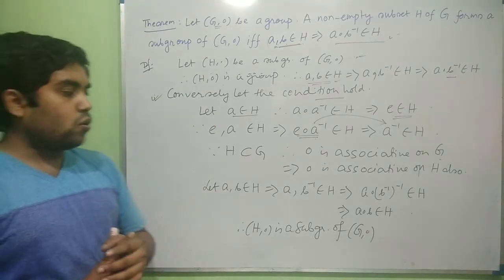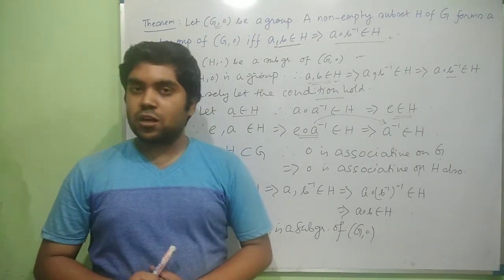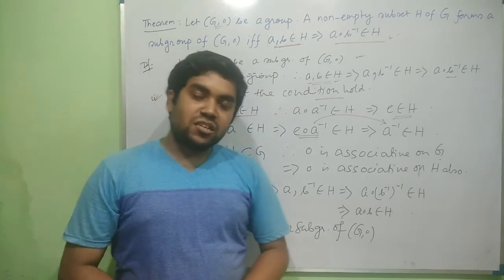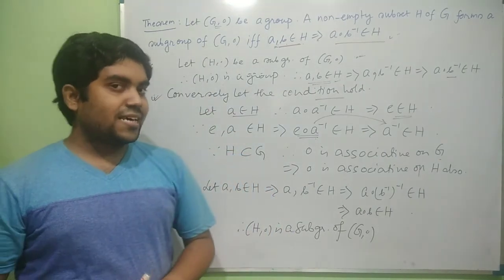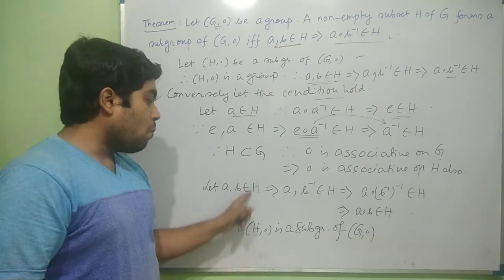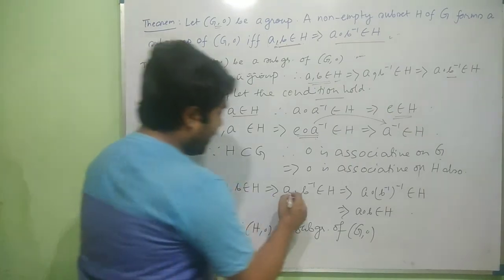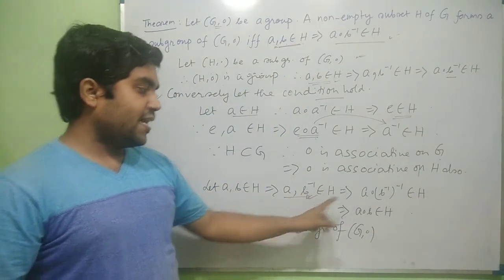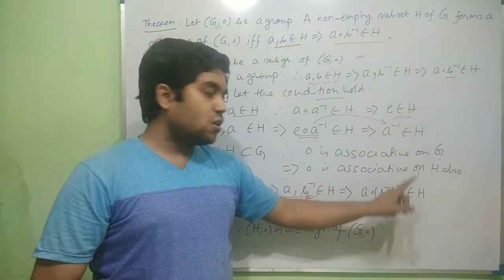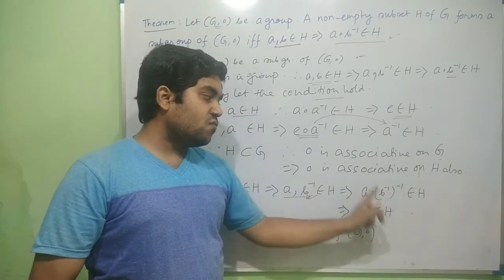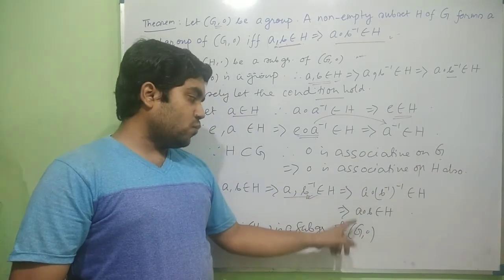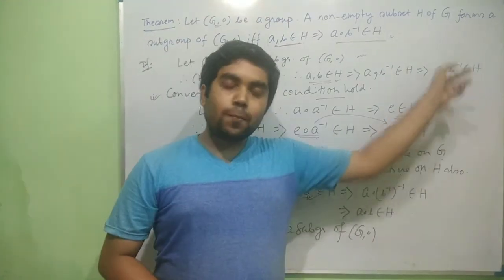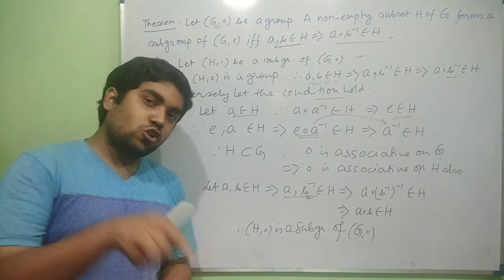Now only one property remains, the closure property. For that we consider two elements A and B in H. We have already established the inverse element property, so from that we can say that the inverse of B must be in H. Therefore A and B inverse both are in H. Using this condition, we can say that A naught B inverse inverse belongs to H, and B inverse inverse is ultimately B. From that we can conclude A naught B belongs to H. So it is clear that the four properties are satisfied, hence H naught is a group.